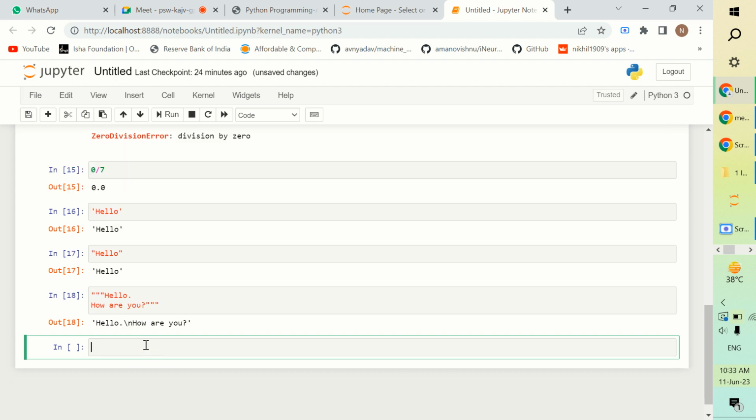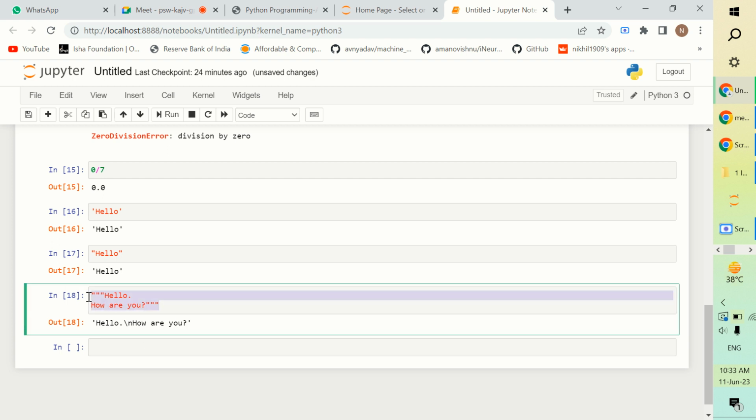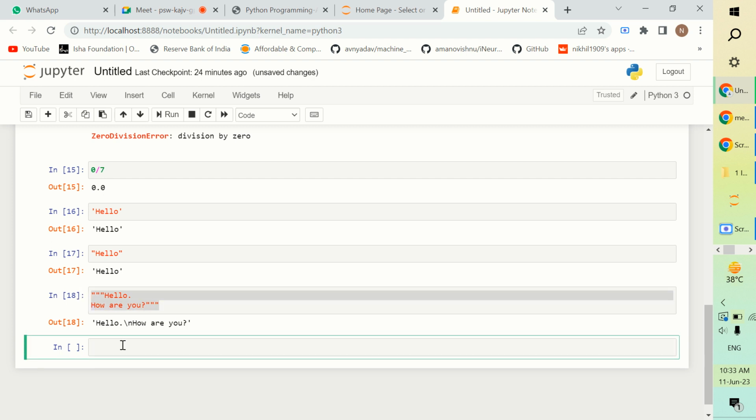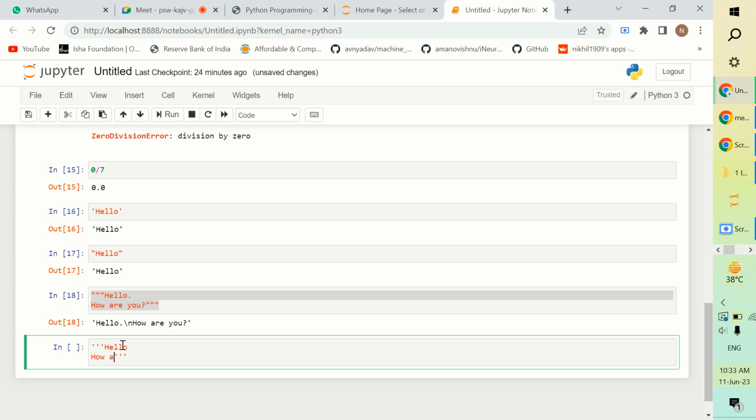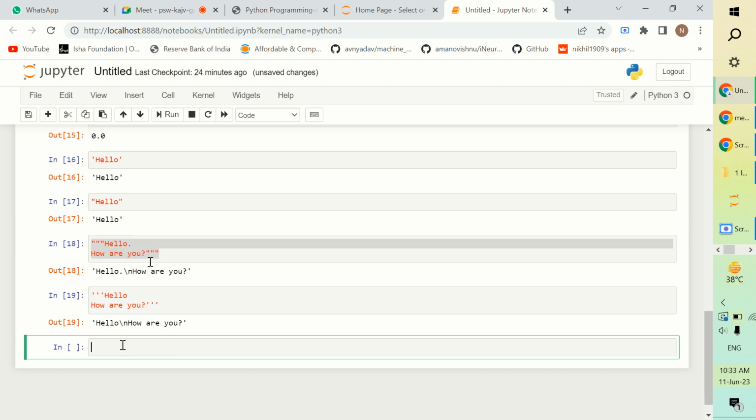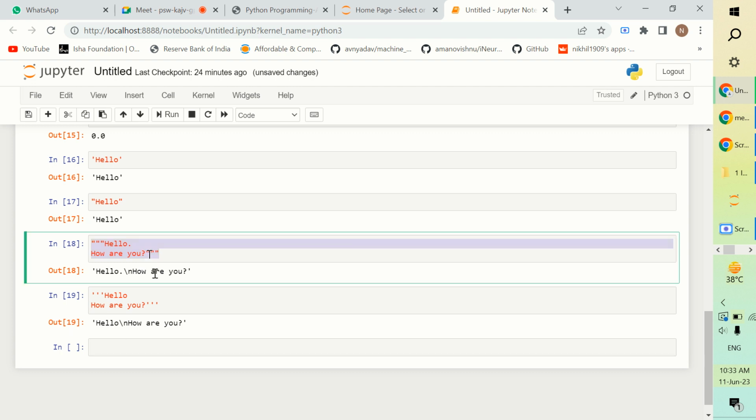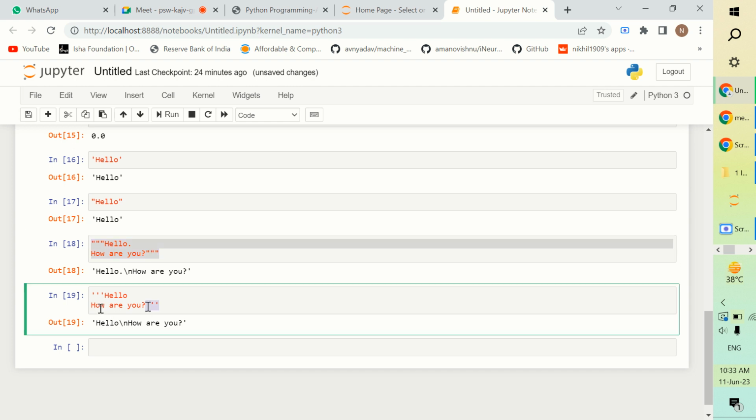If I want to write something in multiple lines, I'll use triple quotations. Triple quotations can be written like this, or like this. Hello, how are you? So there are two ways to write triple quotations. Either you can use double quotations, or you can use single quotation to write the triple quotations. Okay. So these quotation marks are used to write strings in Python.